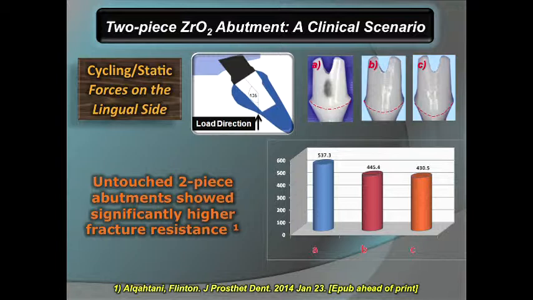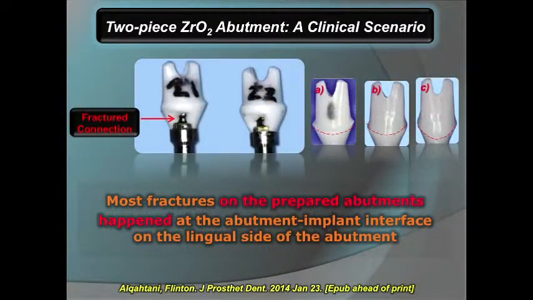The results showed that the untouched two-piece abutments performed considerably better than the other two, and it has a very interesting message for us.